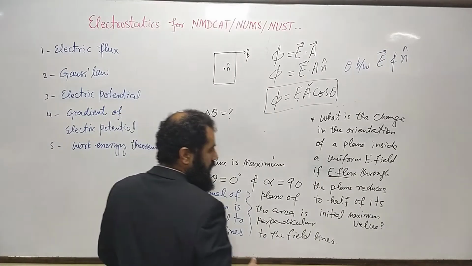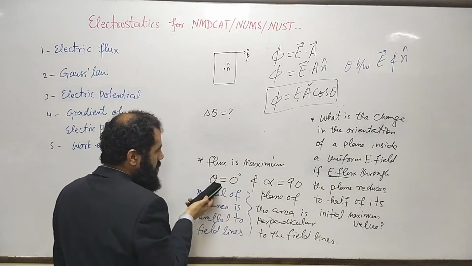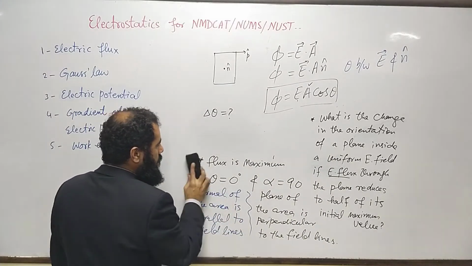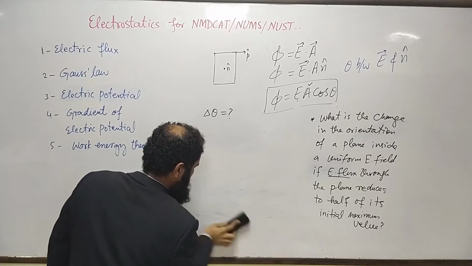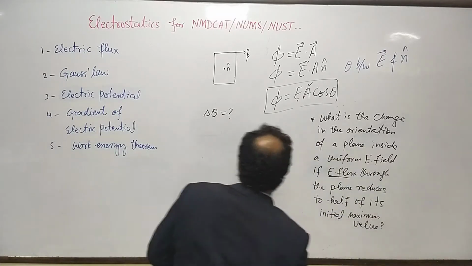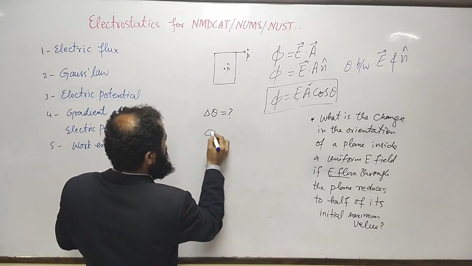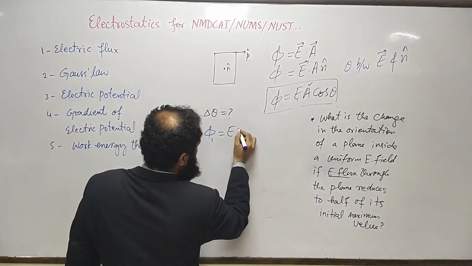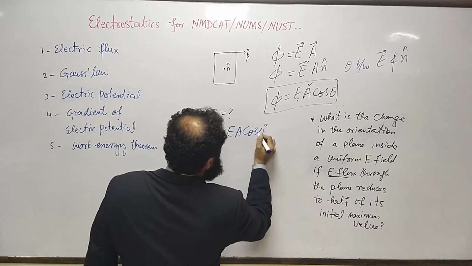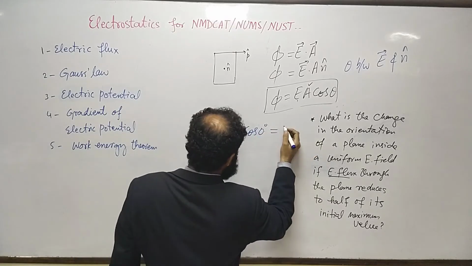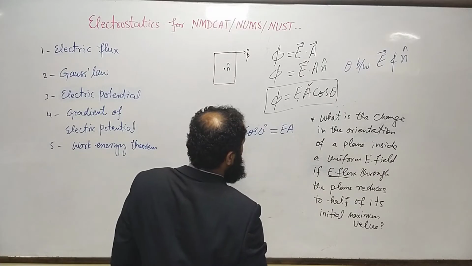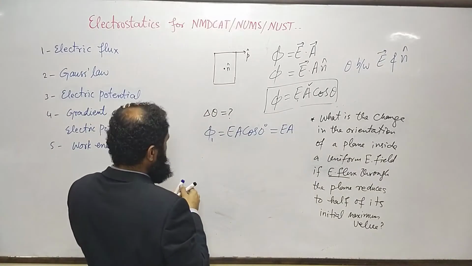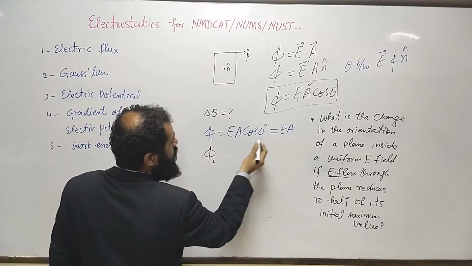So initially the flux was maximum, and for maximum we know that theta is 0. So theta initial is 0, flux is EA cos of 0 degrees, and that is EA because cos of 0 is 1. Then what happened to the theta?